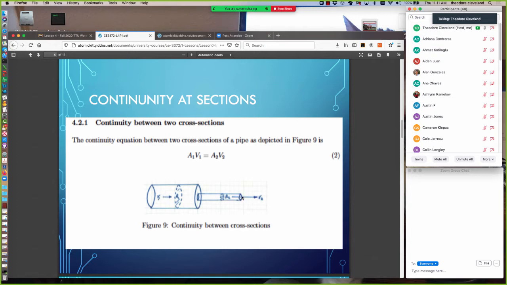Therefore, the only way that the flow rate can be sustained in the two different parts is for the mean section velocity to adjust based on the cross-sectional area, which leads to what I have written up there as equation 2: the area of cross-section 1 multiplied by the mean section velocity of cross-section 1 is equal to the area of cross-section 2 multiplied by the mean section velocity of cross-section 2.